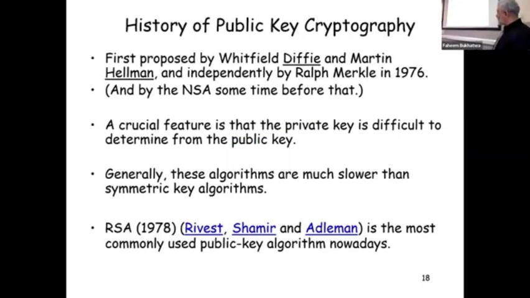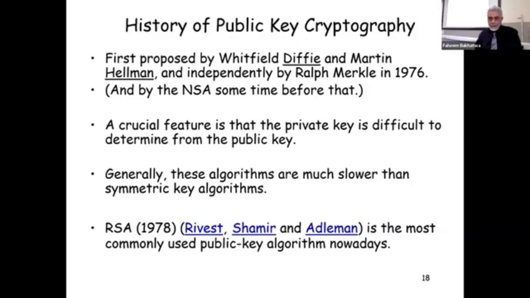Public key encryption system, its history. It was first proposed by Martin Hellman and Whitfield Diffie. Diffie and Hellman are two famous mathematicians that thought of this a long time ago, back in 1976.